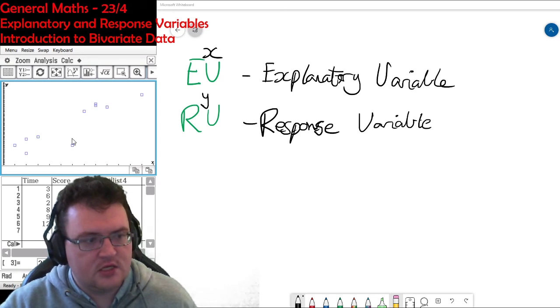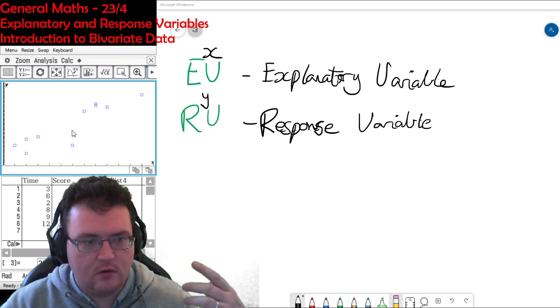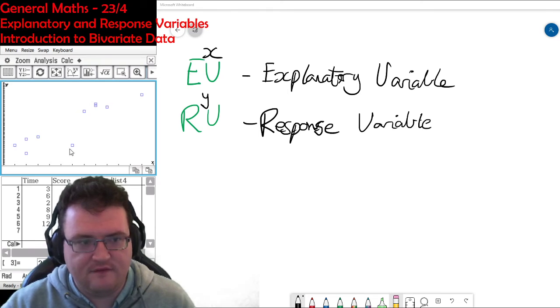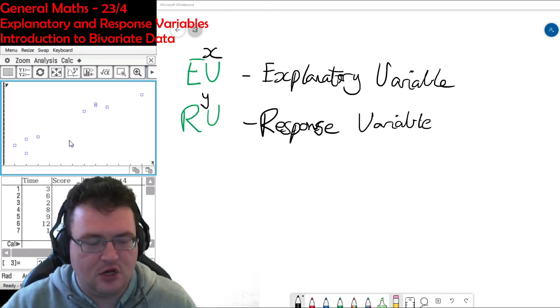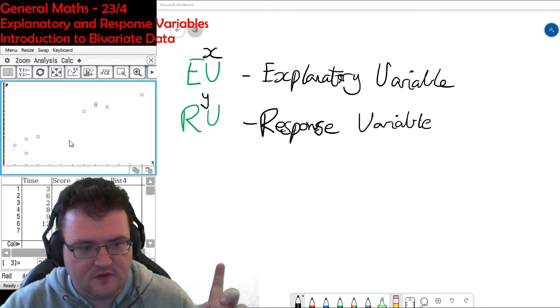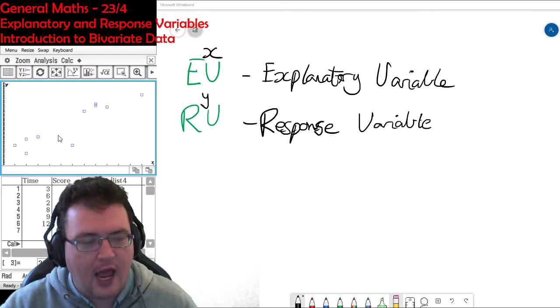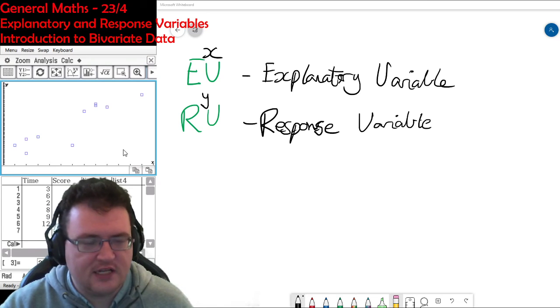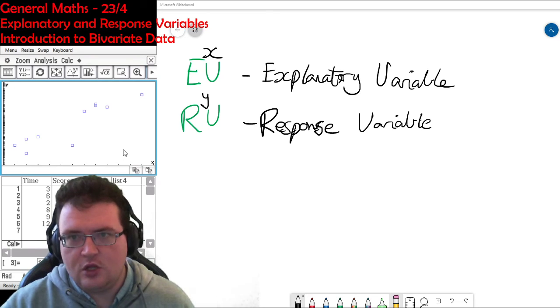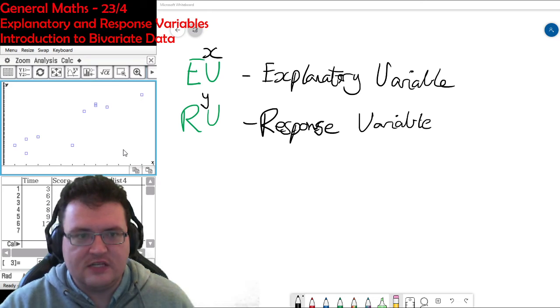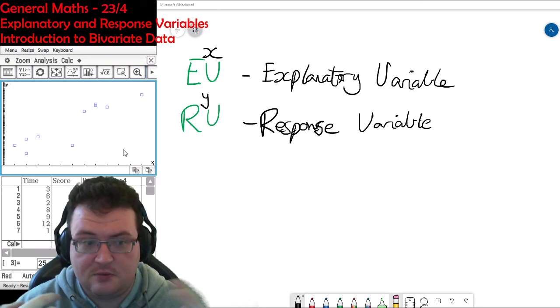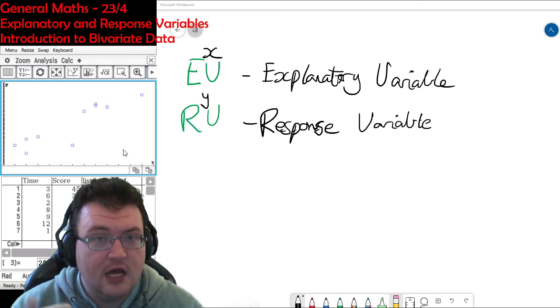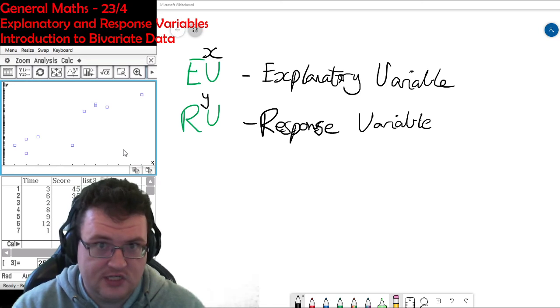All right, so scatter plots are the best way to represent bivariate data, and throughout this unit we're going to be playing with a couple of different things that rely on us understanding how scatter plots are made, and then we can decide how closely things are linked together, because as you'll find out, just because two things happen to be in correlation doesn't necessarily mean that one causes the other.